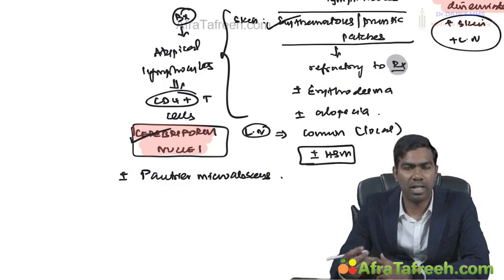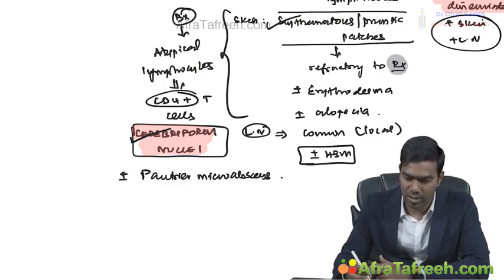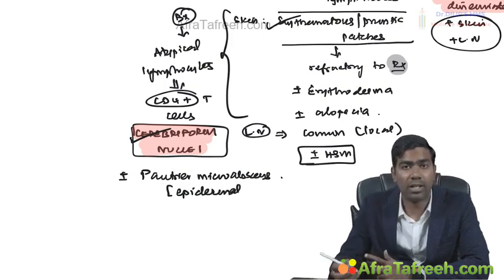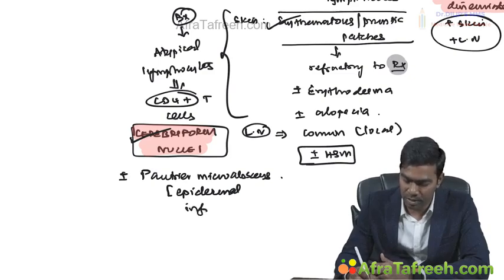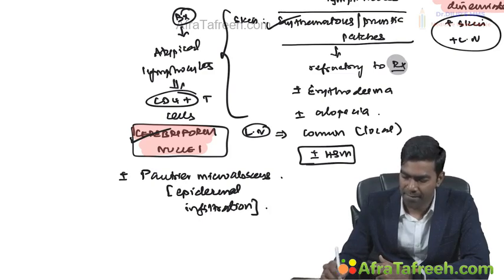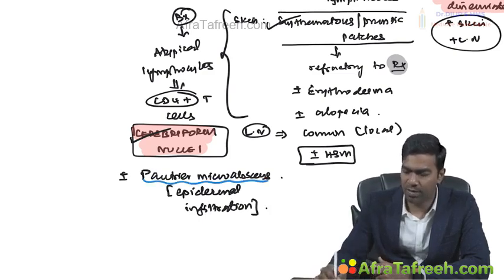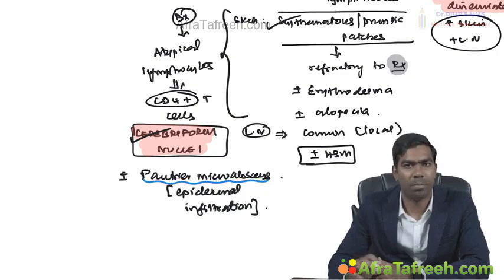These are T cells infiltrating the skin. So these are malignant T cells that are infiltrating the epidermis. This is due to epidermal infiltration, and those are referred to by a special name called Pautrier microabscesses.